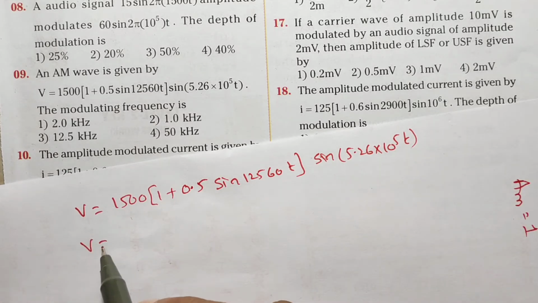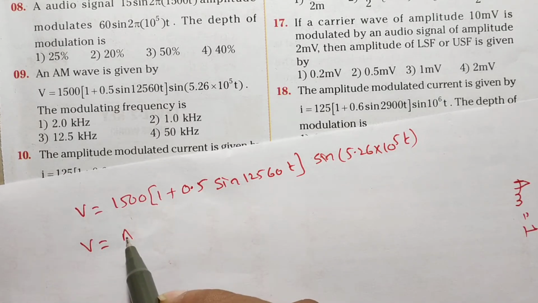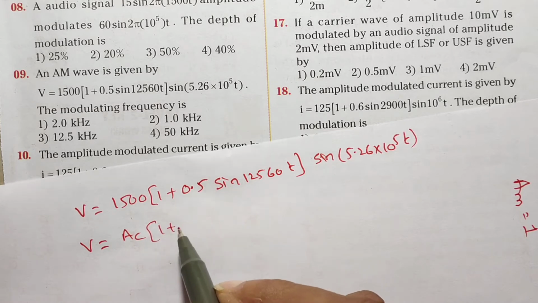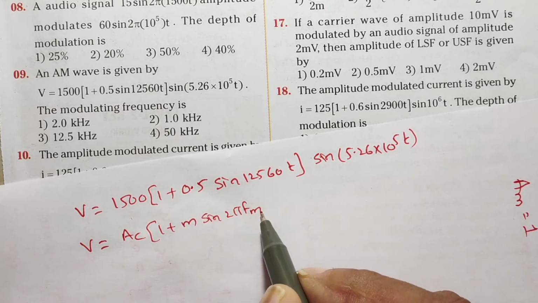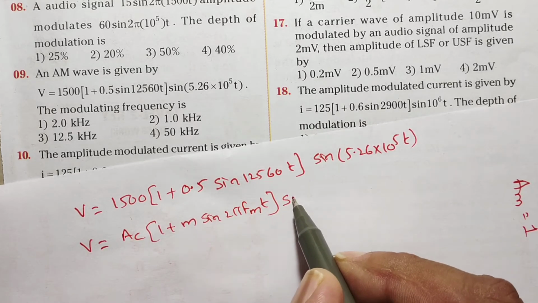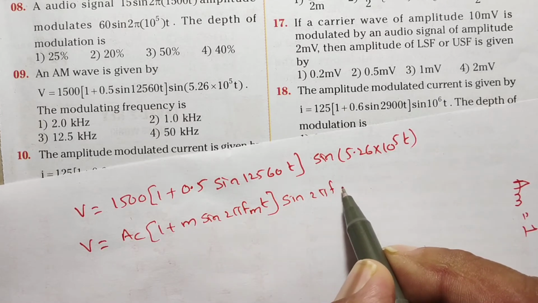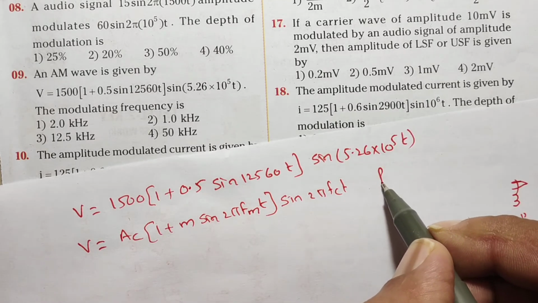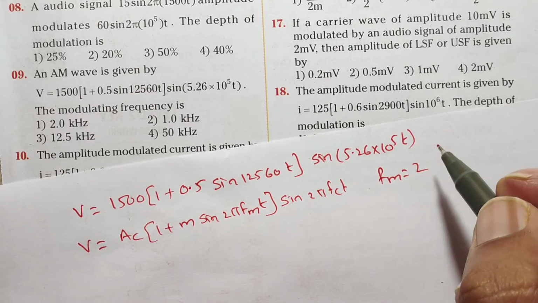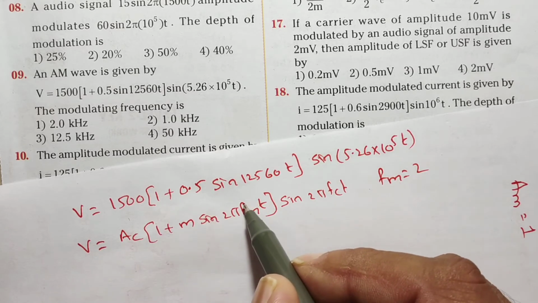Now we know that the general form is AC into 1 plus m sine 2 pi fm t into sine 2 pi fc t. What do we have to find? We have to find the message signal frequency, fm. That means compare these two equations.